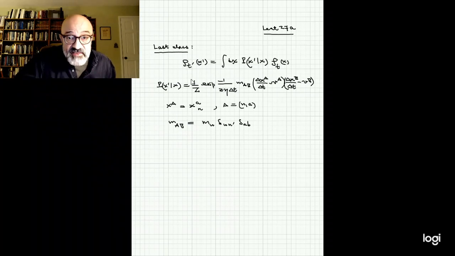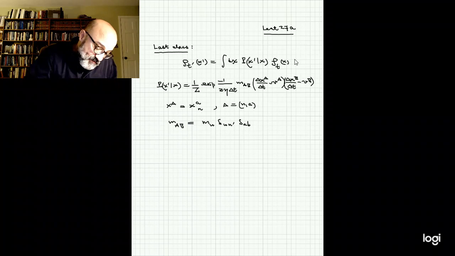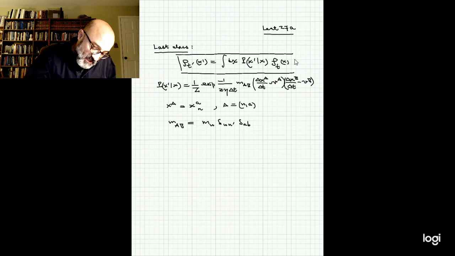Now, this basic dynamical equation can be written in differential form.